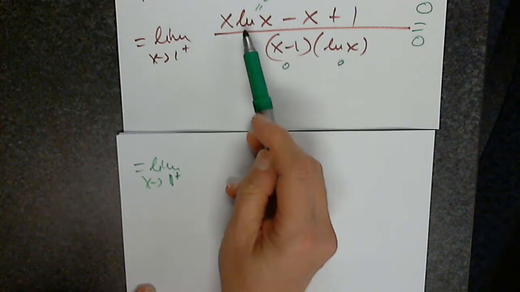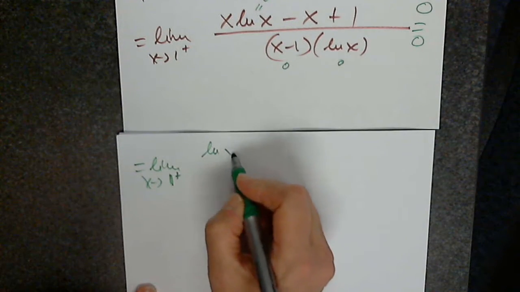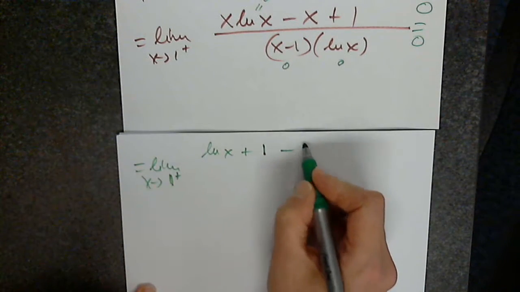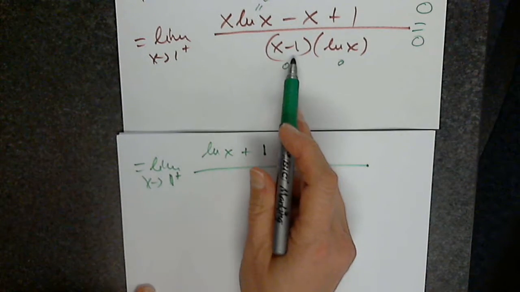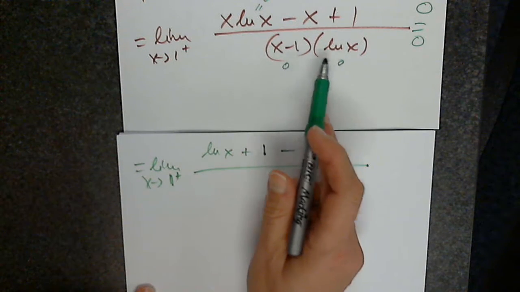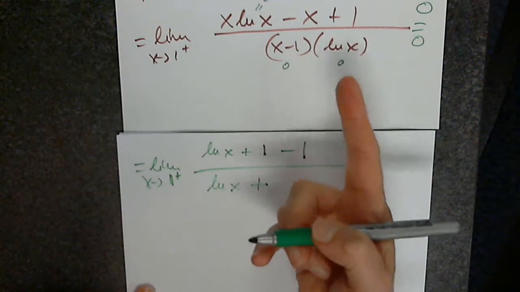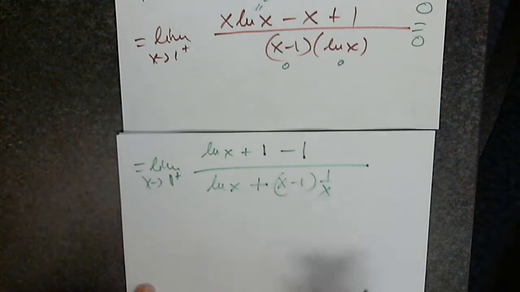I have to treat this as a product. x prime times natural log plus x times 1 over x, which is 1, and minus 1. Now this prime is 1 times natural log plus this times 1 over x, so x minus 1 times 1 over x.